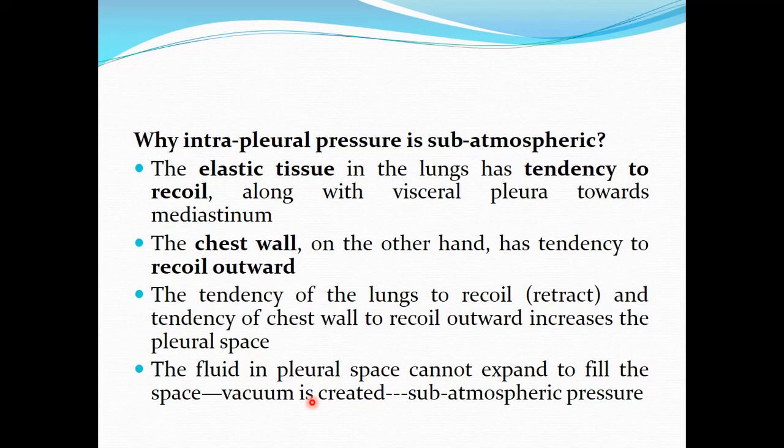So there are two factors contributing to the negativity of the pleural pressure, or its subatmospheric value: opposite recoiling tendencies of the lung and the chest wall, and continuous drainage of the pleural fluid into the lymphatic channels.